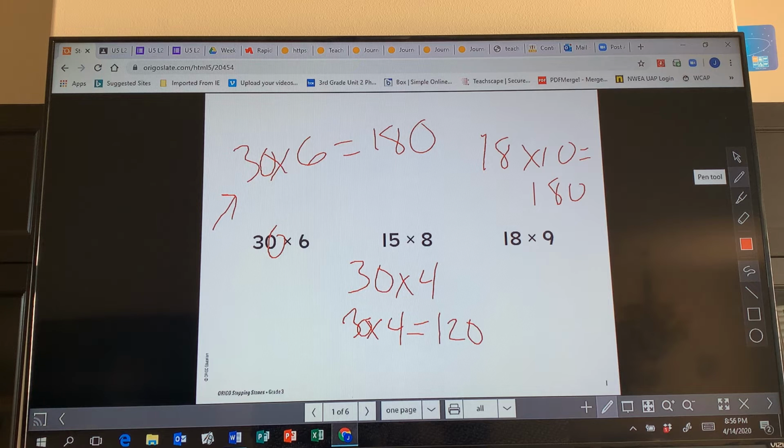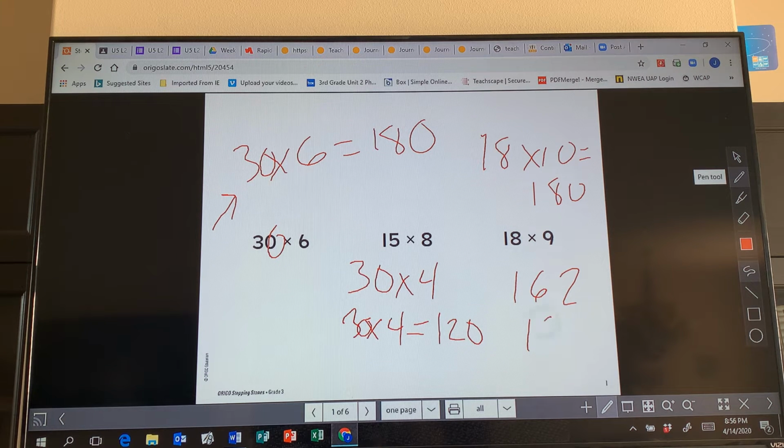Now, if I take away one group of 18, that would take it down to 162, right? How did I do that again?